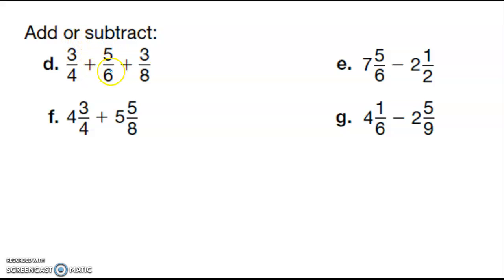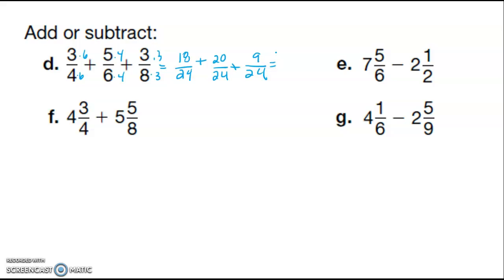All right, add or subtract. So I'm going to need to find a common denominator here. I think 24 is going to be my best bet. So if I want to write this with the denominator of 24, that's going to be 4 times 6 is 24. So 6 times 3 is 18. Plus, and this is going to be 4. 4 is 20, plus, and I want this to be 24, so that's times 3, and that's 9.